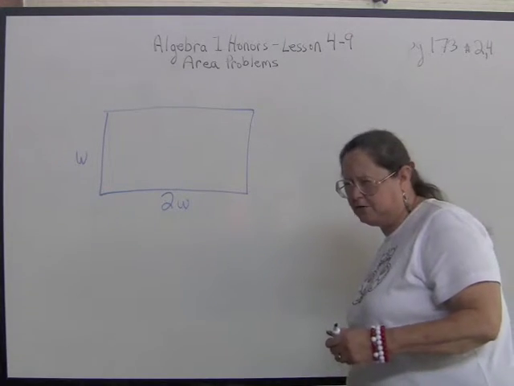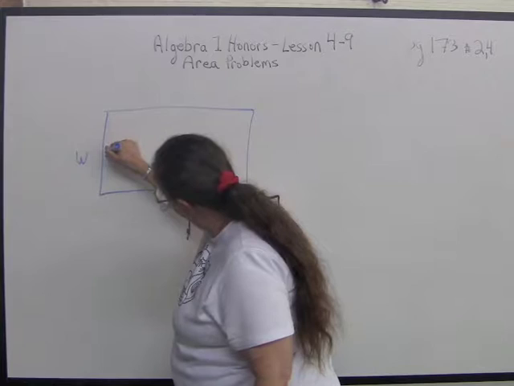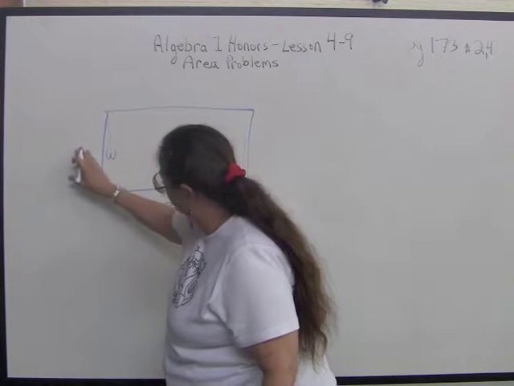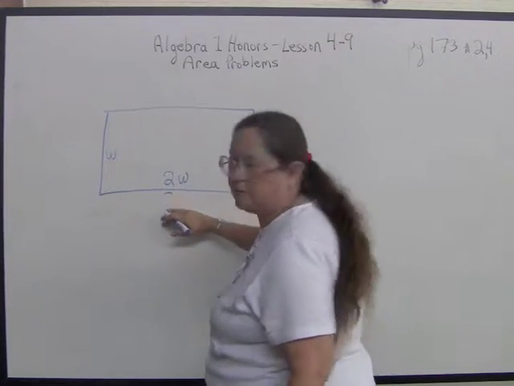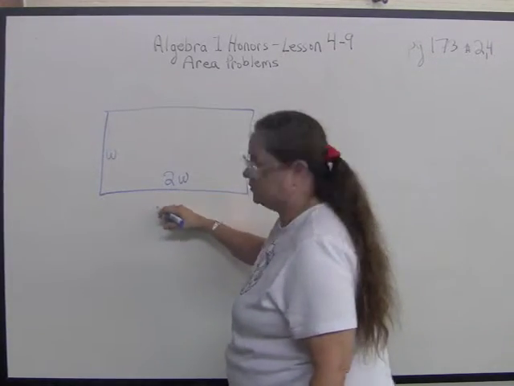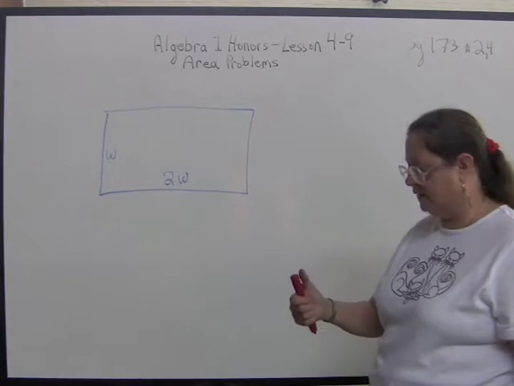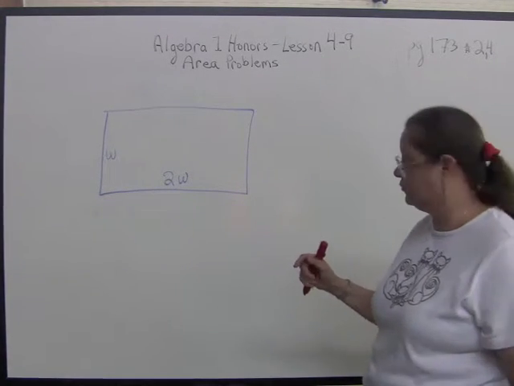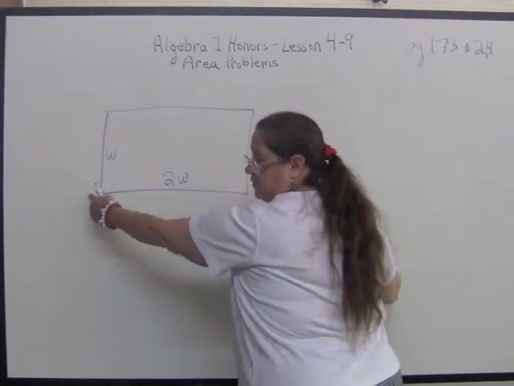So the first thing I'm going to do, just to make this a little easier, is I'm going to move my variables inside there, just to kind of get them out of the way so the picture is clearer. Okay? Now, I have another rectangle on the outside because it says I'm going to increase both the width and the length.